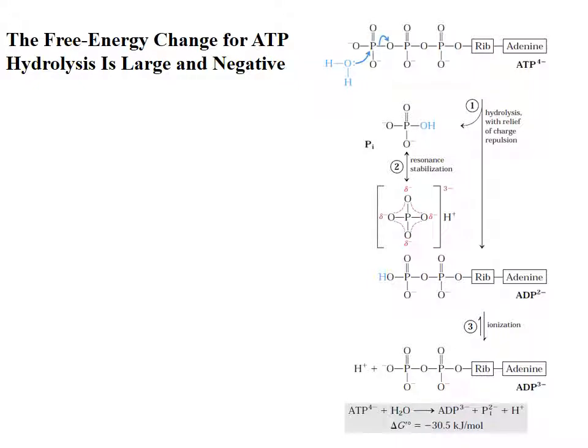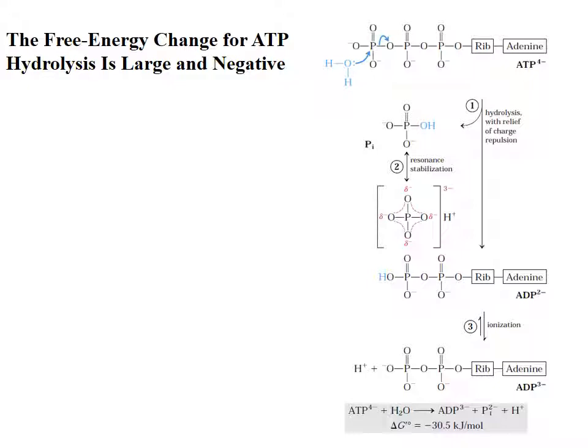Amongst many things, one other thing that favors this reaction is that the concentration of products in the biological systems in the cell are extremely low. Therefore, it also aids in driving this reaction forward. Now, what does this do?